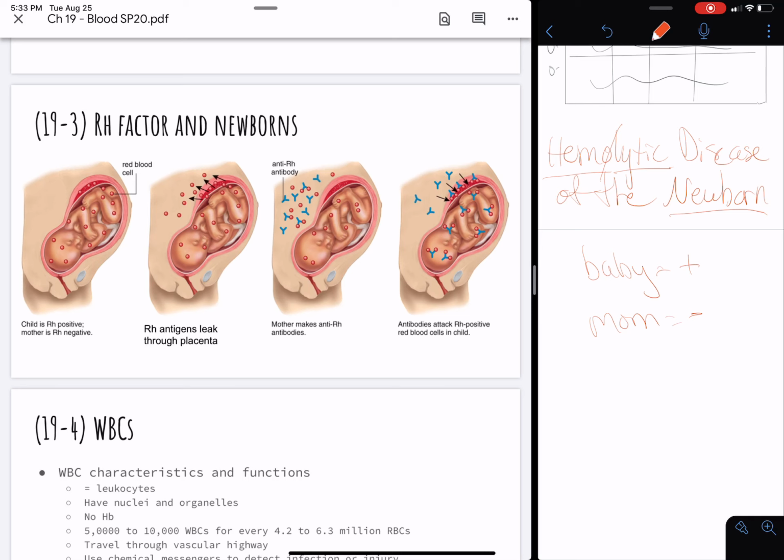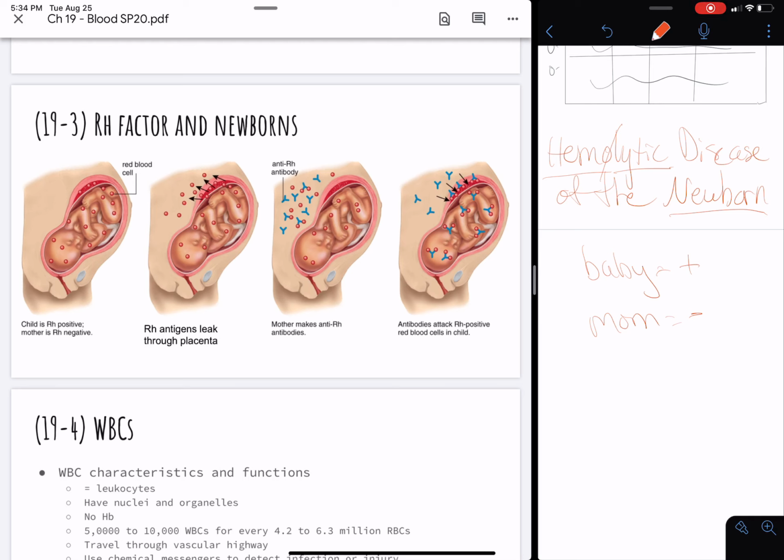So they just cover their bases, because what happens is, mom's immune system has never been taught to not attack Rh factor. And if during delivery, either through a C-section or through vaginal delivery, there's a lot of blood involved in both.